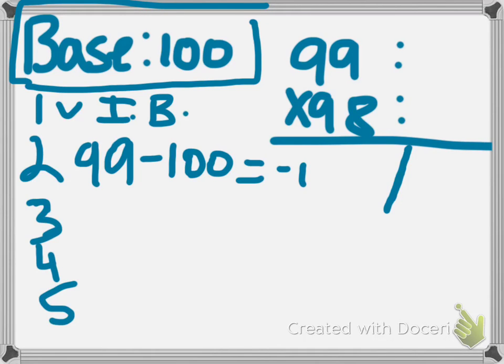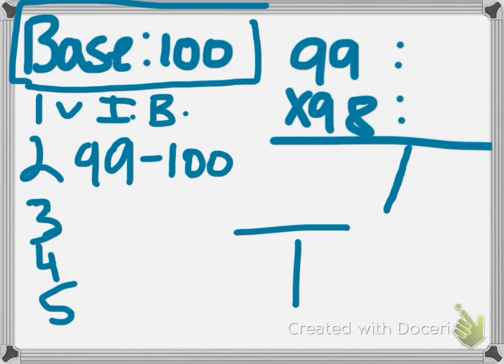In regular math, you write negative 1. But in Vedic math, you write bar 1. It's basically the same symbol as we use for a repeating decimal, like 3.999, except we write it as 3.9. It's the same symbol, except here it represents the negative sign. So 99 minus 100 is negative 1, or bar 1.